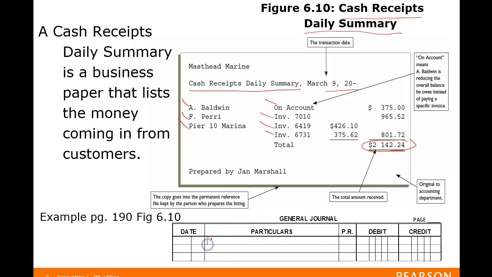We're going to debit our bank account for the full amount, $2,142.24, and we're going to credit each of the accounts receivable: A. Baldwin, F. Perry, and Pier 10 Marina. Okay, and we're going to write those figures in there: 375, 965.52, and 801.72.